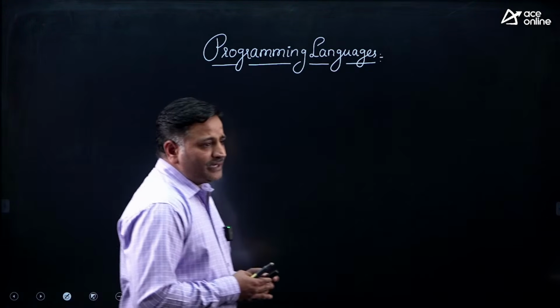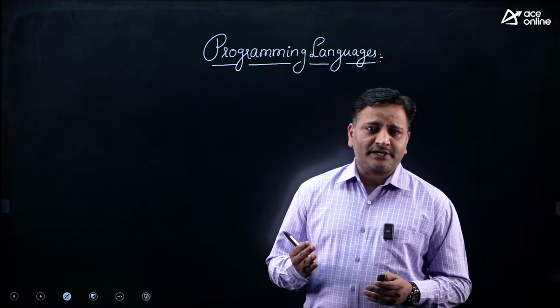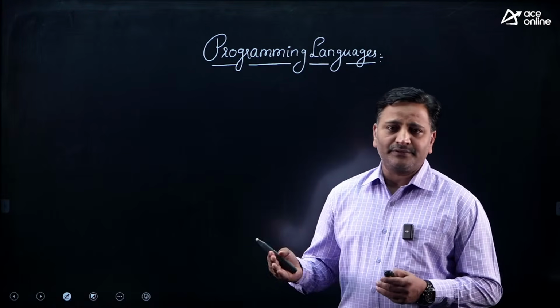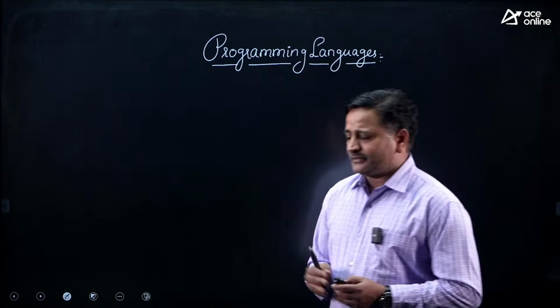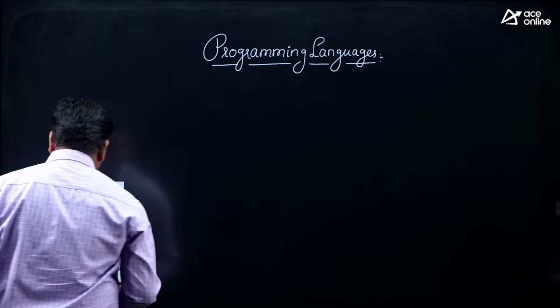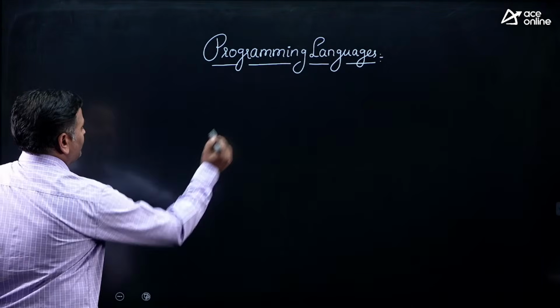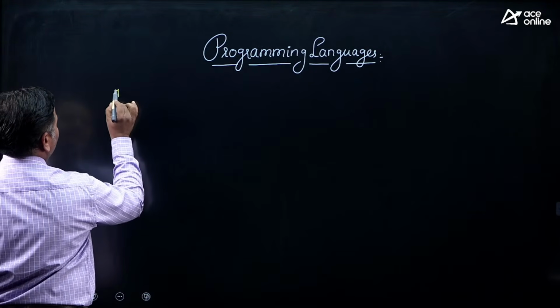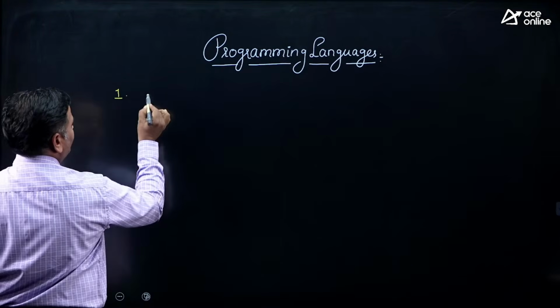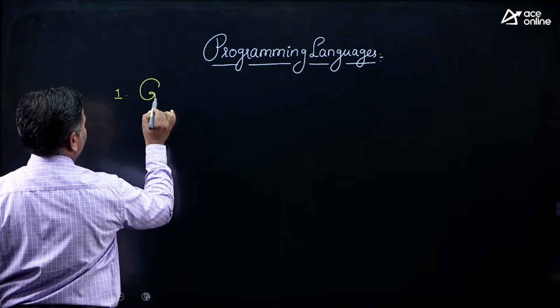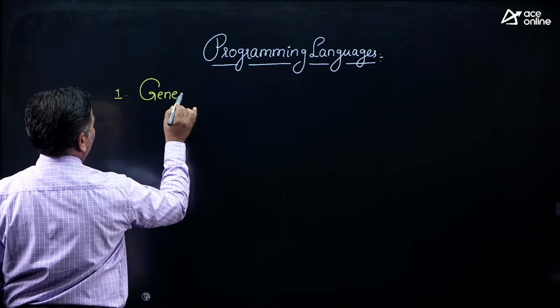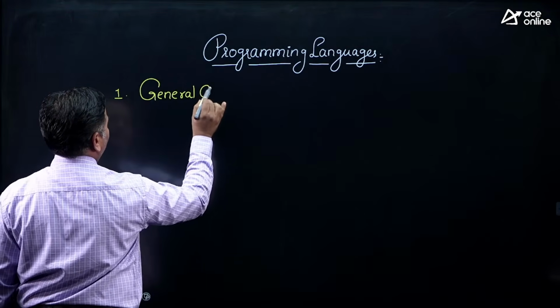If you observe the PYQ questions from 1987 up to 2025 papers, just observe the question pattern. We categorize the questions into different categories. The first one is general questions.